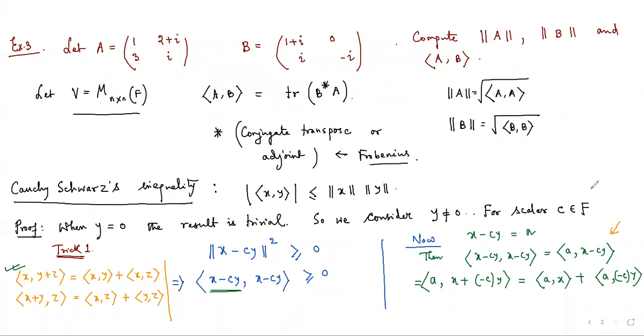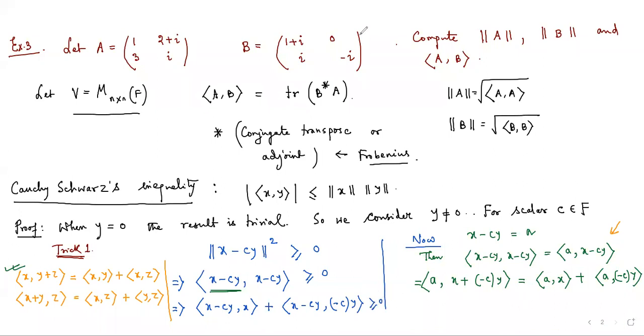this is kind of rough work I'm doing on the side of the page. Here I can write directly that this is equal to the inner product of x minus cy with x, minus cy with x, plus x minus cy with minus cy, greater than or equal to 0.